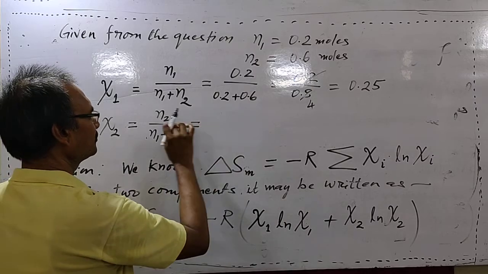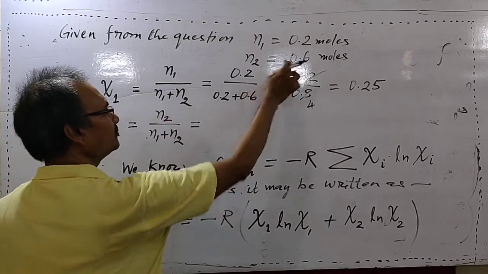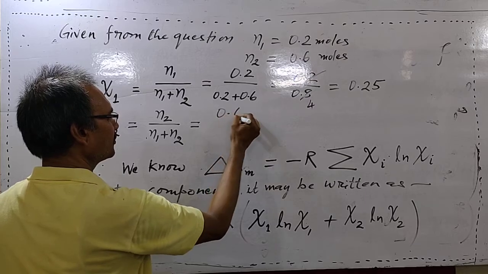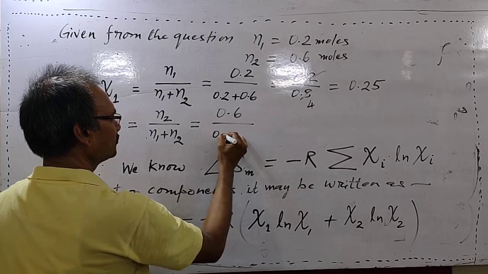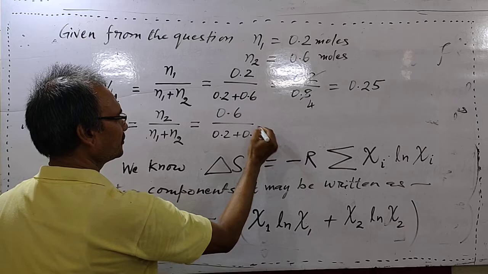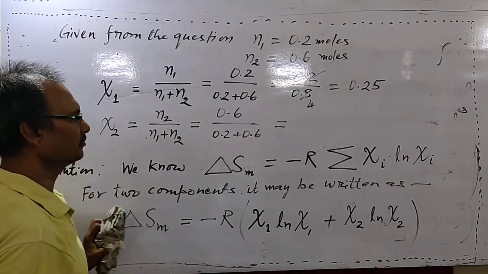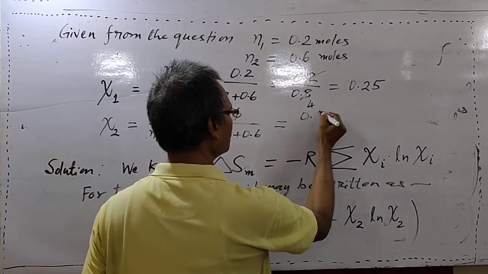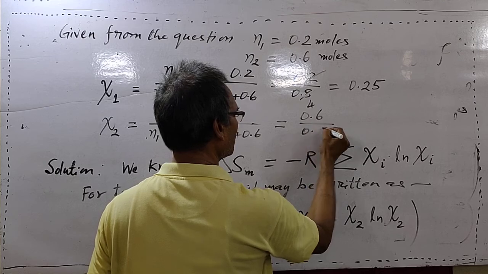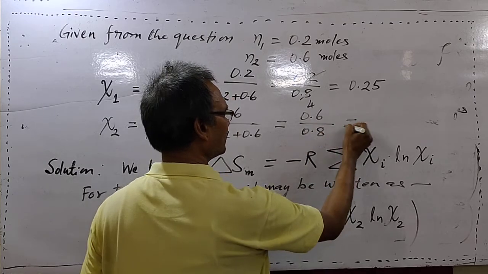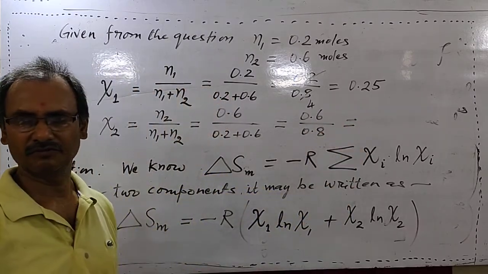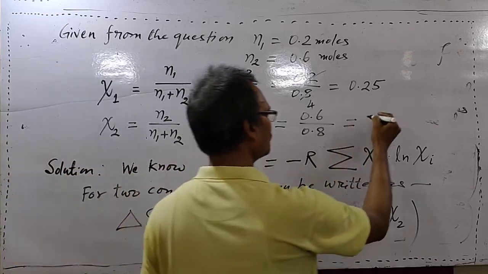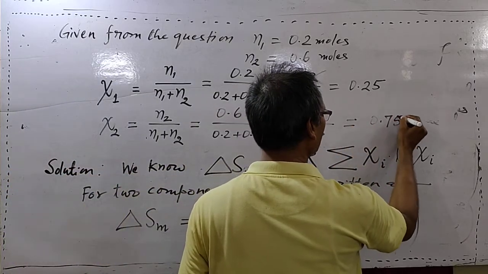The value of N2 is 0.6, so 0.6 divided by 0.2 plus 0.6 is equal to 0.6 by 0.8, which will be equal to 0.75.